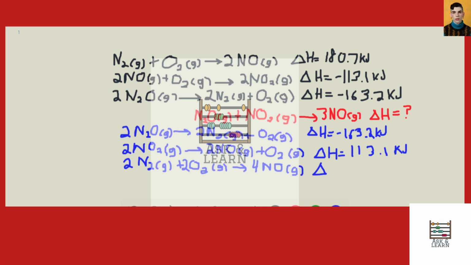When we double it, we also have to double the delta H value, which is going to be 361.4 kilojoules.